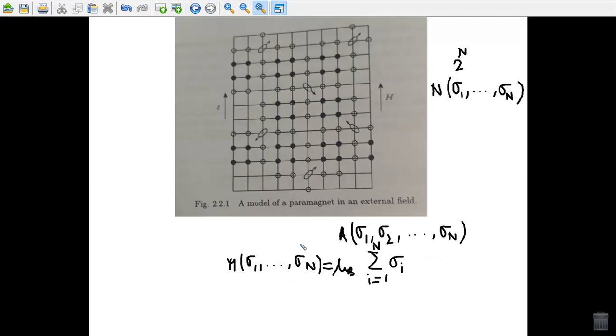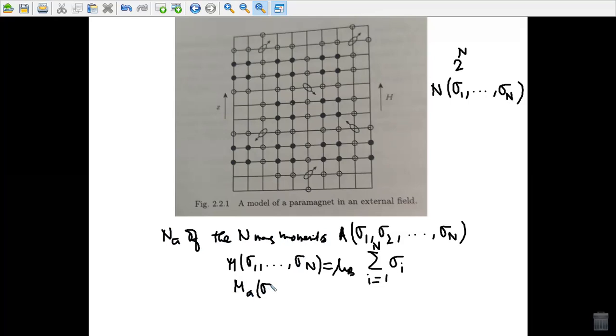So the magnetic moment of a subsystem with N_A of the N magnetic moments is an observable of the full system, right?